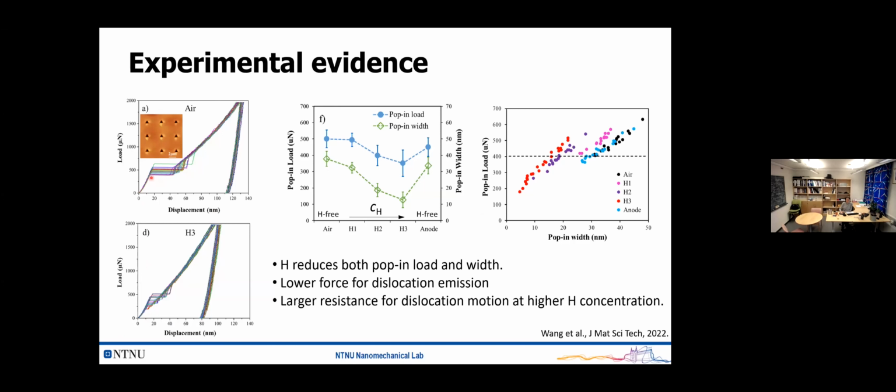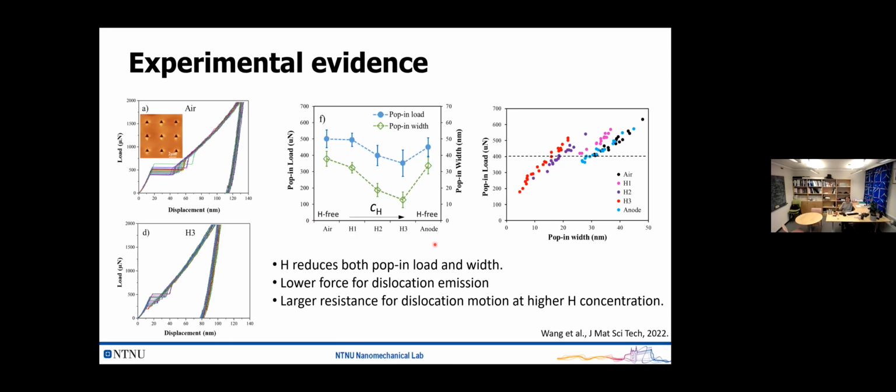So we take this popping load, this initial point of the plasticity, and the popping width here. And to compare that, in air means without any hydrogen charging. Well, from H1 to H3 means increasing the electrochemical hydrogen charging potential. So that means the increase of the hydrogen content.